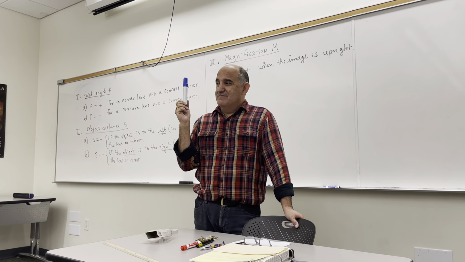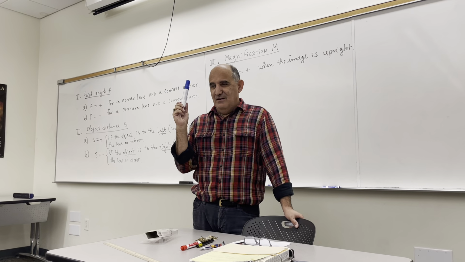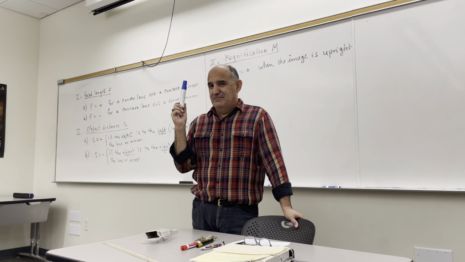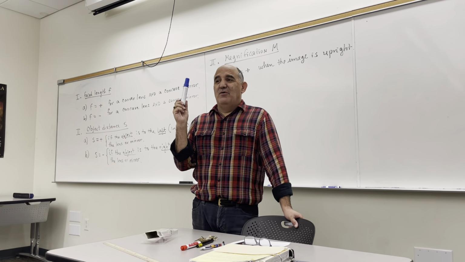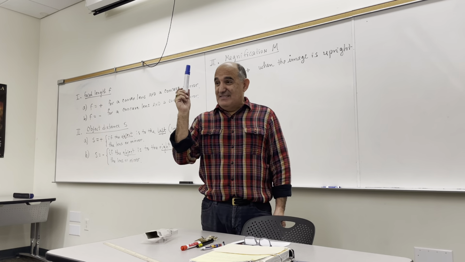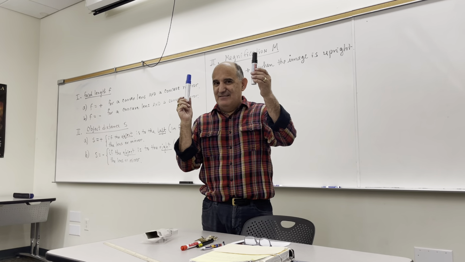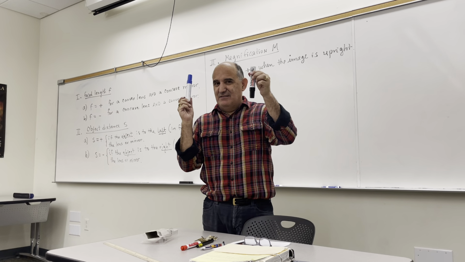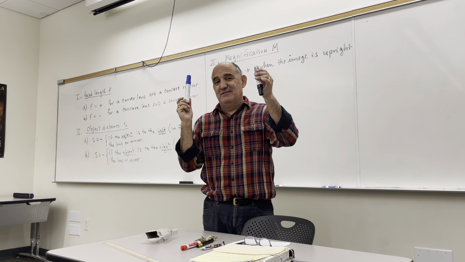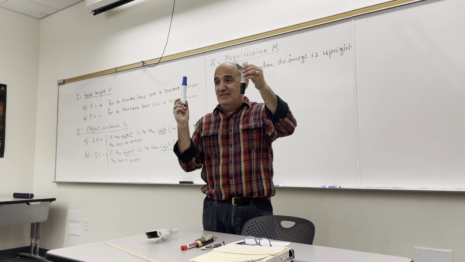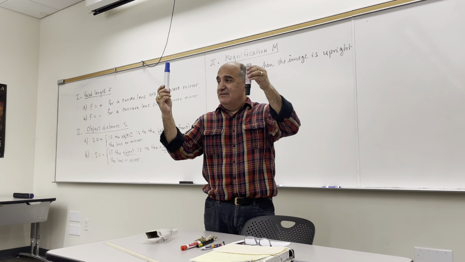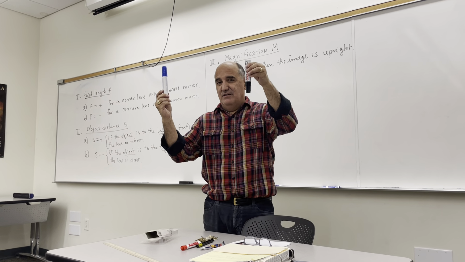It's a definition, but that's not good enough. So, this image is upright if the object is like this. What happens if the object is like this? Then this image is not upright. So it's gotta be relative to the object.